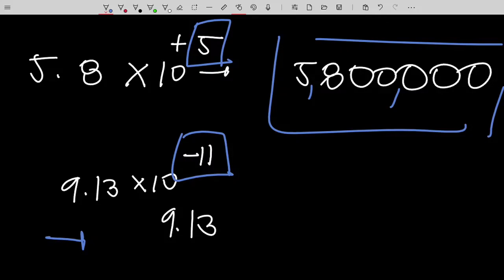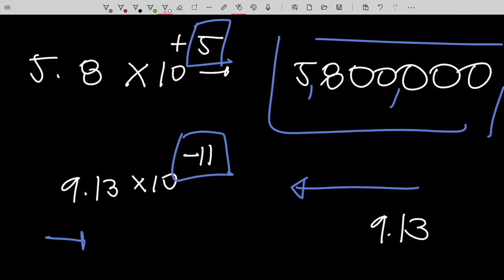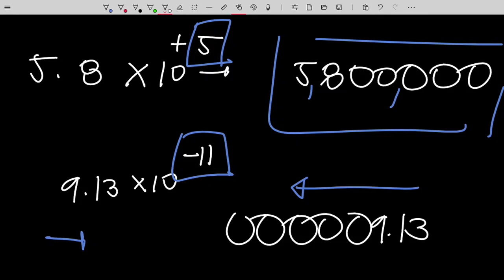I want you also to know that whenever there is a negative exponent, the zeros should be written from right to left. Now, we have 9.13 and 11 zeros written from right to left. Let's try to write it. 1, 2, 3, 4, 5, 6, 7, 8, 9, 10, 11.